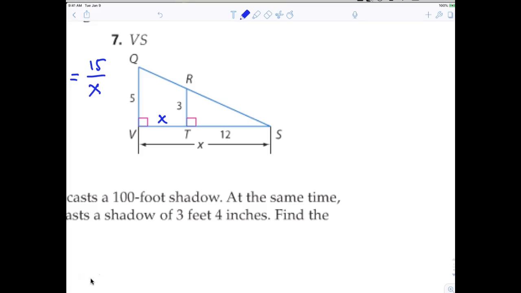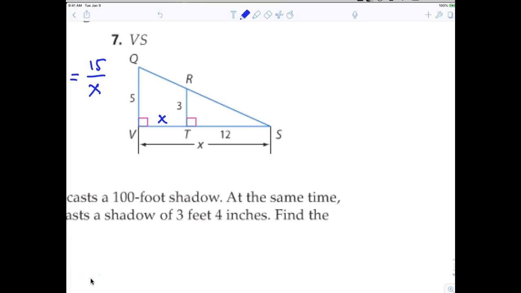The base is 4 times the side. Correct? So here is the side. So the base has to be what? 20. If you don't like that, you can say 3 over 5 is equal to 12 over x.